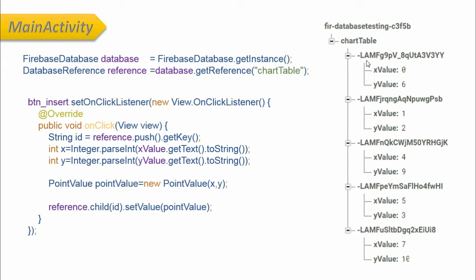So this id will be this and its setValue will be this pointValue. So pointValue here is 0 and 6, for example. Now we have successfully inserted the data in the Firebase database. Let's have a look at how to retrieve the data.